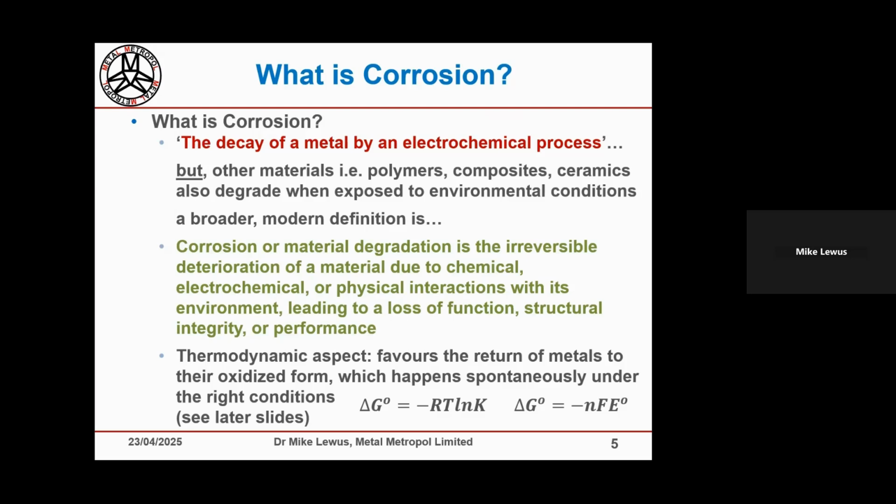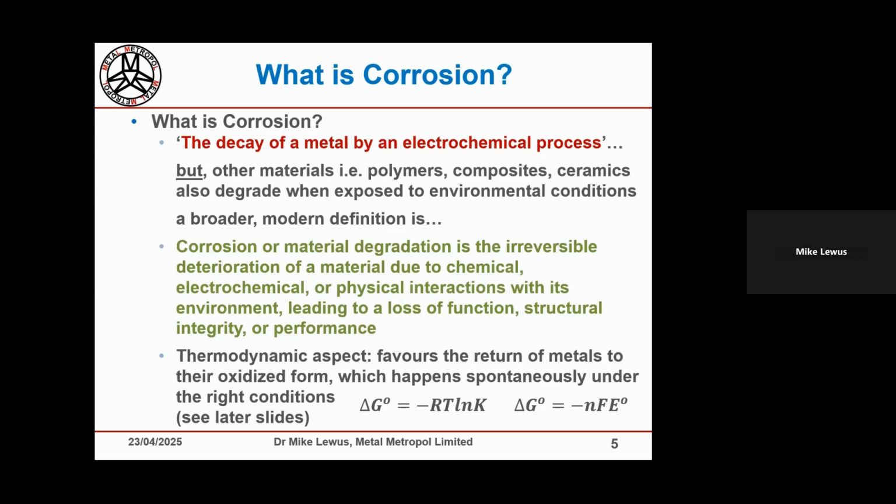But largely we're focusing on metals, but we know other materials degrade, the polymers and composites that are used in the marine environment, less so ceramics, but there are some of them. So a modern definition of corrosion these days is more a reference to material degradation.